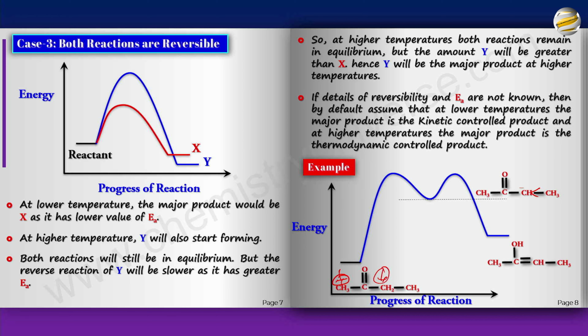So the intermediate of this anion is more stable, and the transition state of this anion will be more stable. But if I ask you to guess which enol will be more stable, here the enol will form here. Obviously, you will know this enol has more hyperconjugation, whereas this enol does not have that much hyperconjugation, and therefore this product will be less stable than this product.